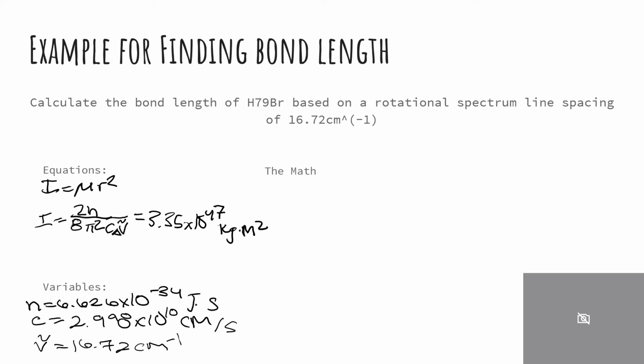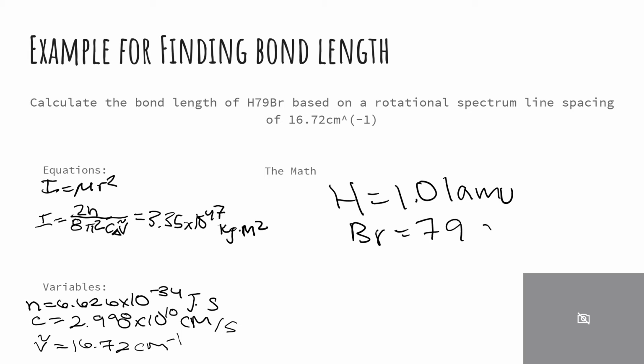Now we have to find the reduced mass, needing the atomic masses for hydrogen and bromine. Hydrogen has a mass of 1.01 AMU, and bromine has a mass of 79 AMU.